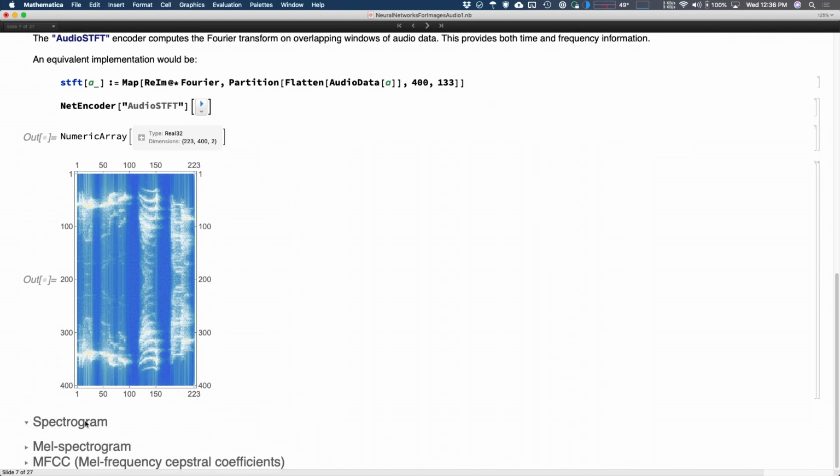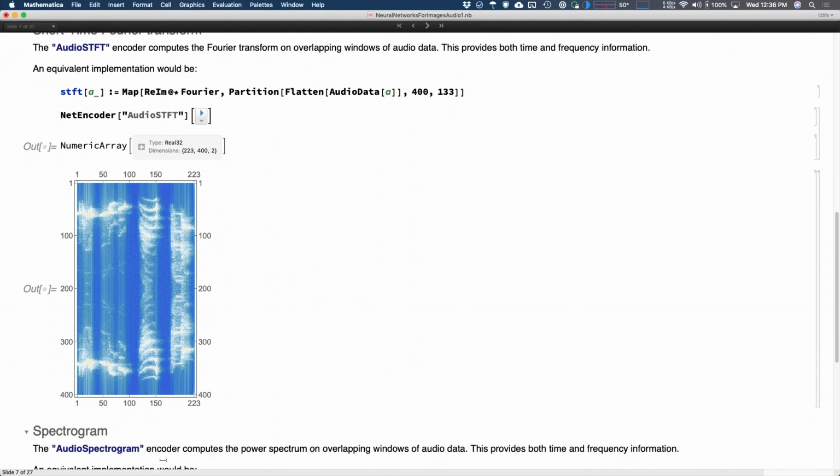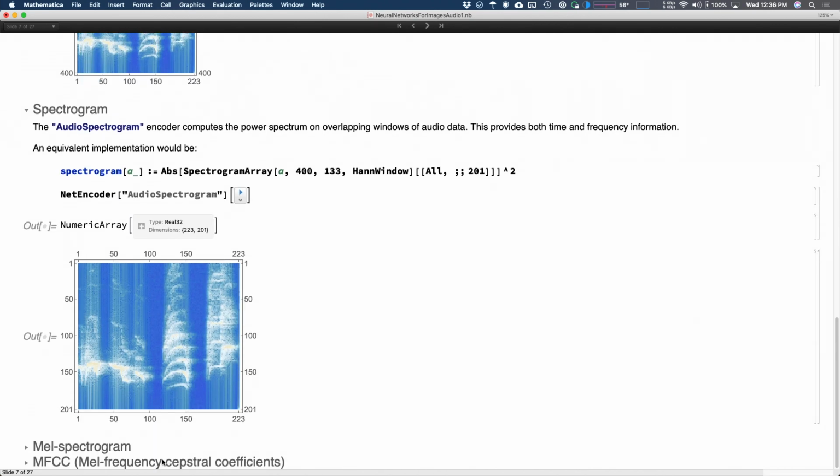Instead, if you square all of these components and discard the reflected part of the Fourier transforms, the signal is not invertible anymore, but the amount of data that you're dealing with is much smaller.